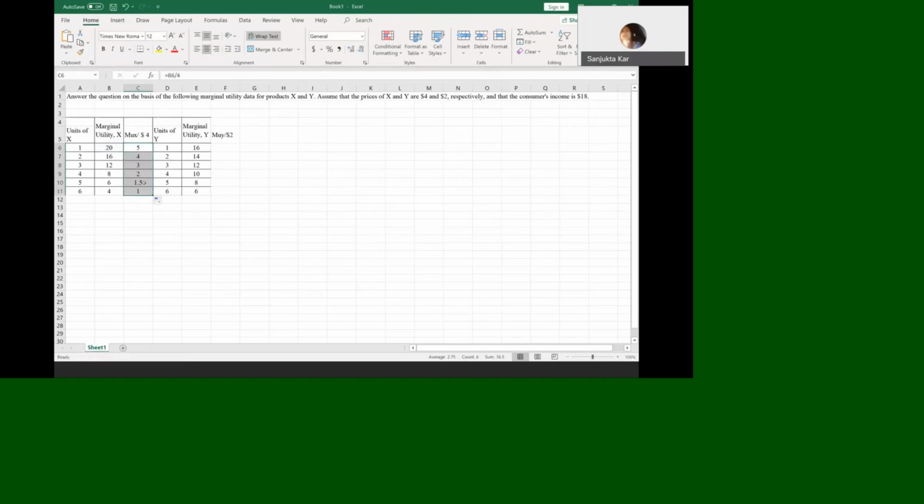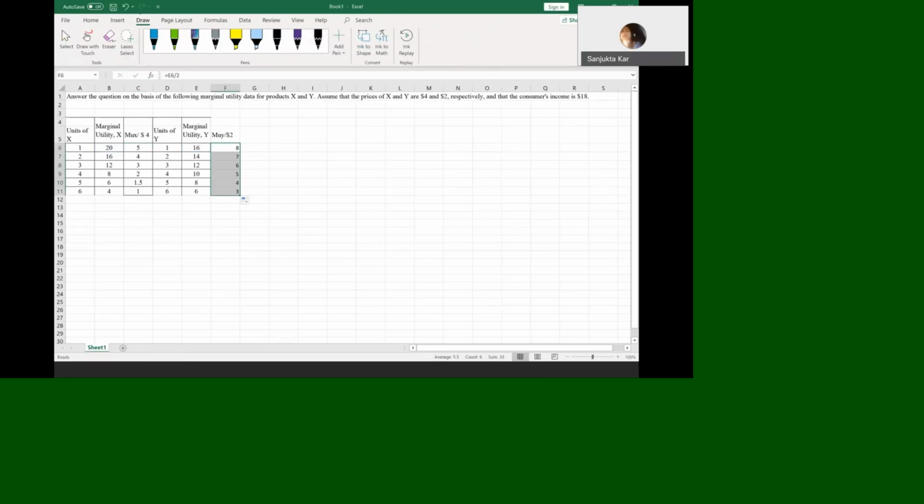Trying to see if the numbers are right. Yeah, those look perfect. Here I'm going to divide each of these numbers by $2, and these are the numbers I get here. Now what I'm going to do next is I will compare these two columns, which is MUX over 4 and MUY over 2.